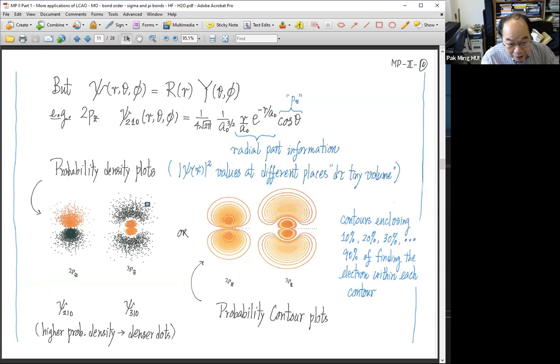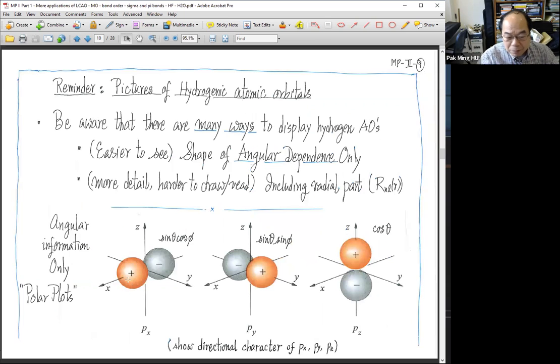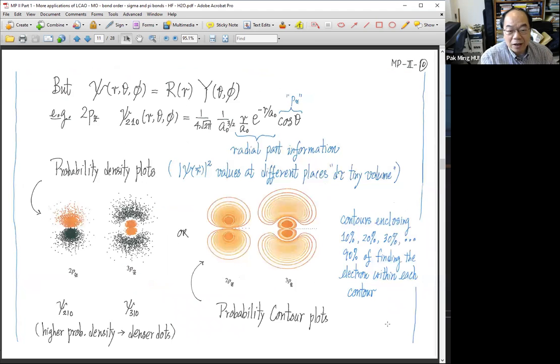Okay, so here is 2pz and 3pz. What I want to show you is that in the previous plot, as long as it is pz, it looks the same. It doesn't matter if it is 2pz, n equals 2, or 3pz, n equals 3. However, if you care about more information, you plot 2pz and 3pz, they look slightly different.